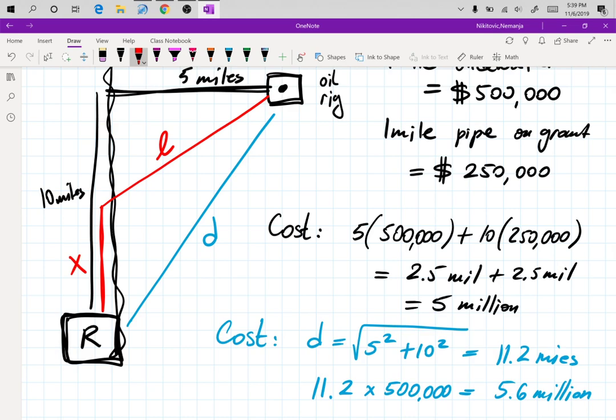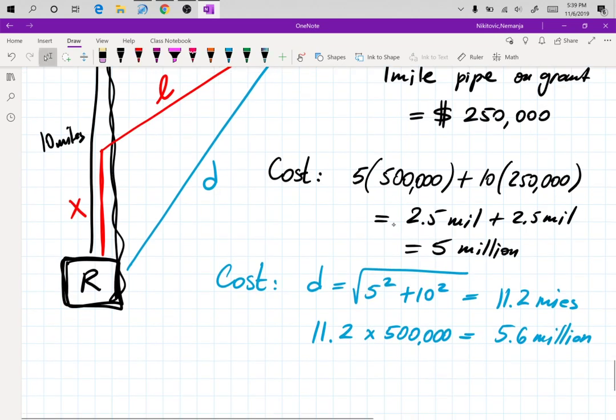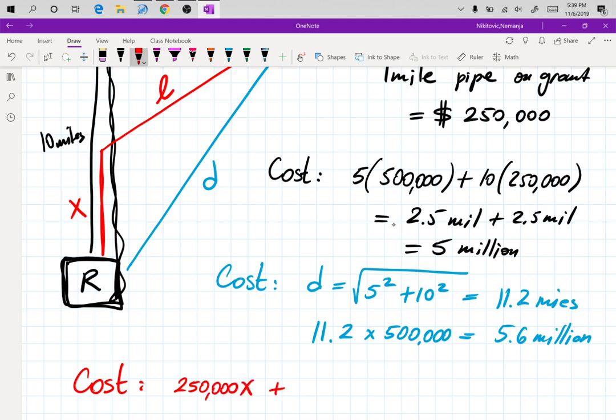So that's it. Now, what's the red cost? The red cost is going to be 250,000 times X plus 500,000 times L. That's your cost.